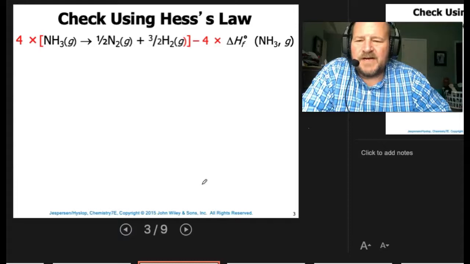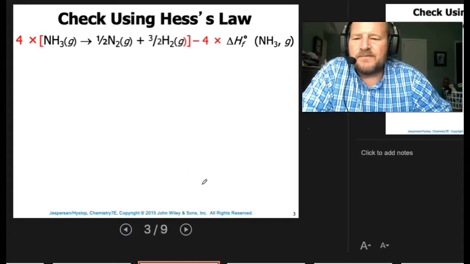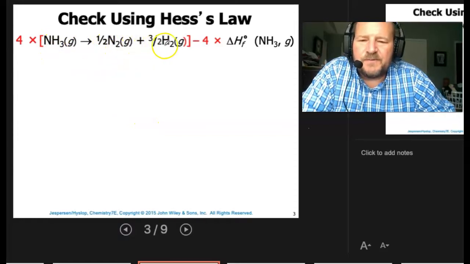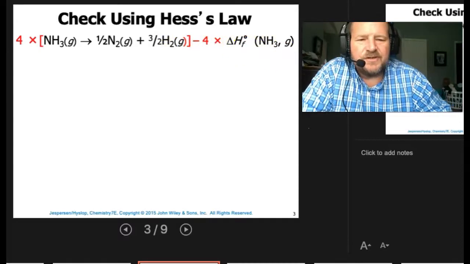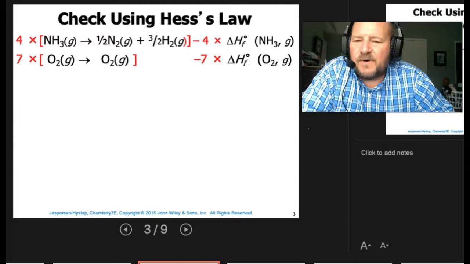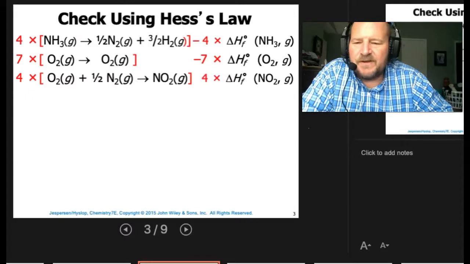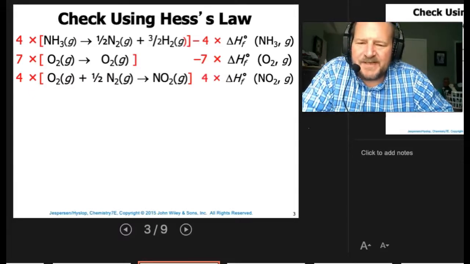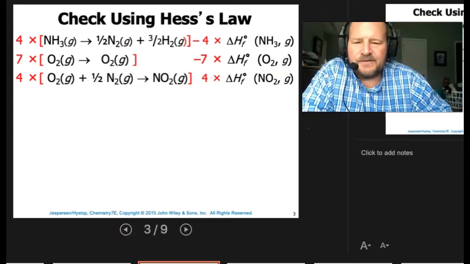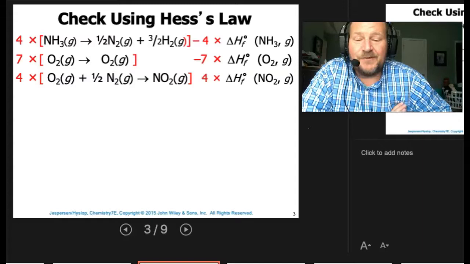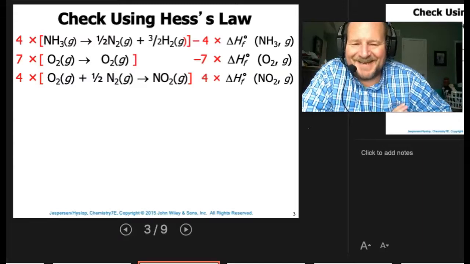So 4 times the ammonia, minus 4 times the ammonia going to half of N2 plus 3 halves of hydrogen. We have 4 times the delta H, 7 times the delta H for the oxygen. 4 times the O2 plus the half N2 going to NO2 would be 4 times the delta H sub F for the NO2.